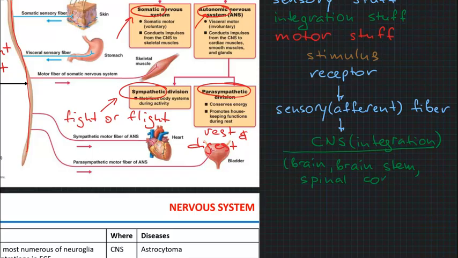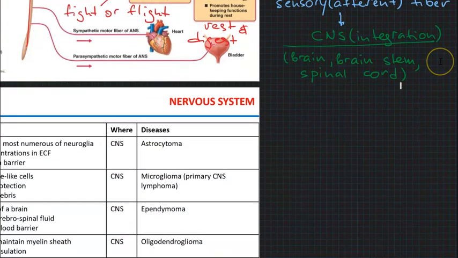My point is this. Your integration centers, whether they are in the brain, the brainstem, or the spinal cord, will produce a response. And no matter what the response is, we consider it motor. Motor does not necessarily imply movement that is visible.